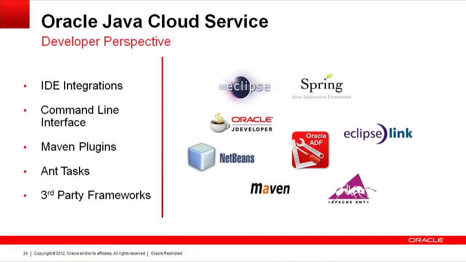IDE integrations are available out of the box. We have taken the most popular IDEs, like Eclipse, NetBeans, and our own Oracle JDeveloper, and made them Oracle Cloud aware. So you can directly deploy your applications out of those IDEs. The plugins are available if you download the latest version of them. If you have a previous version, you can just get the plugin and deploy it, and then these IDEs are Oracle Cloud aware.